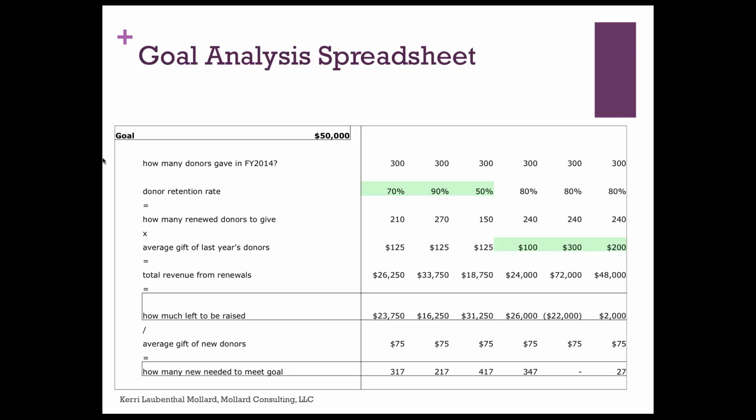It takes a little bit of time, but once you get the hang of it, it's easy to crunch. The first thing you want to look at is donors who gave in FY14: did they give again in FY15? Then as you get more comfortable doing this, you can get really sophisticated.